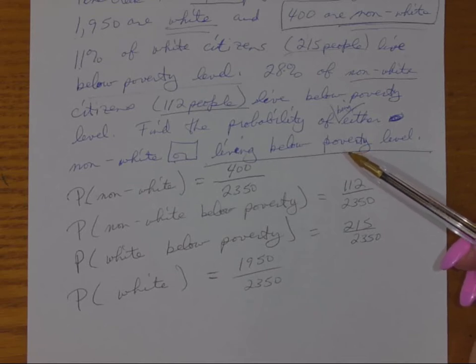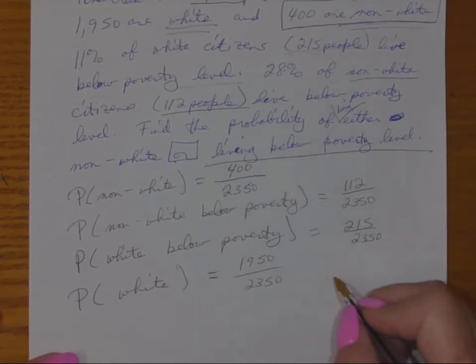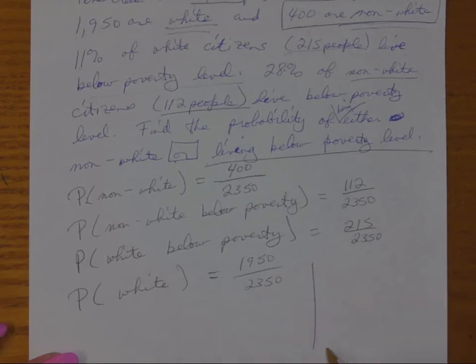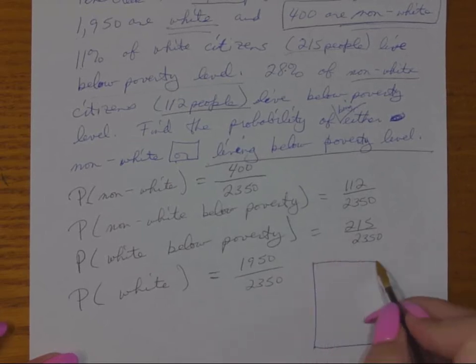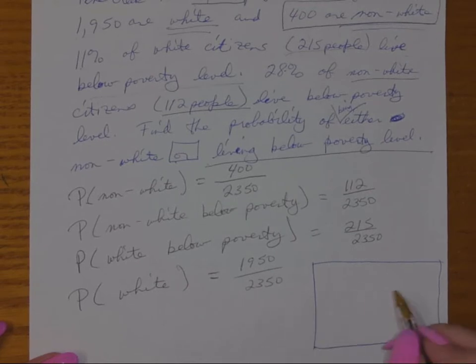So that's what we've talked about before. I just mentioned a little bit ago, sometimes there's a table. So the table in this case might look something like this. I'm going to make a rectangle over here.